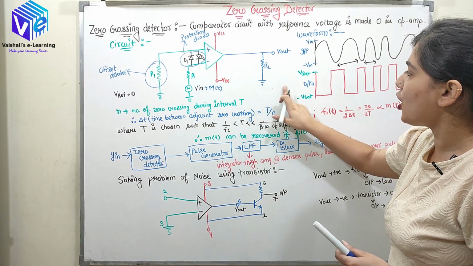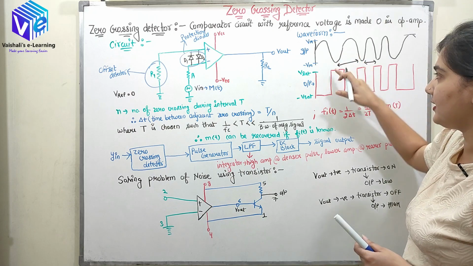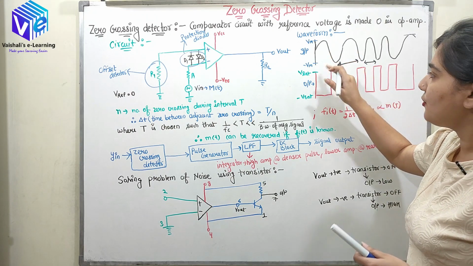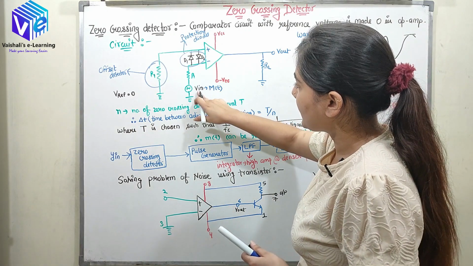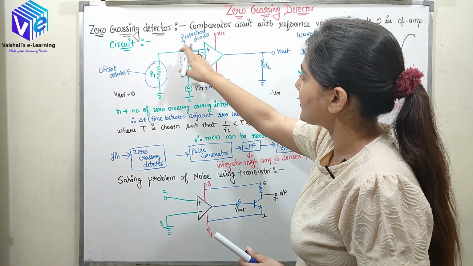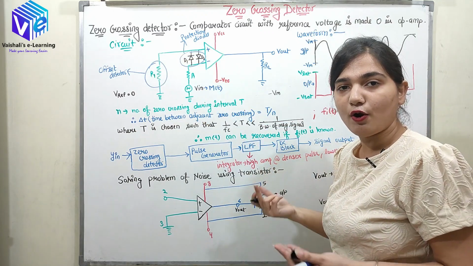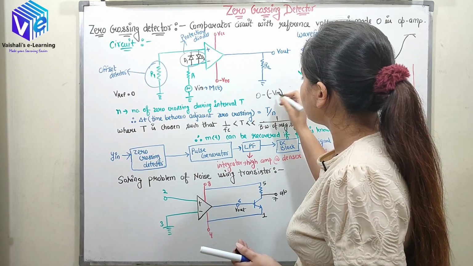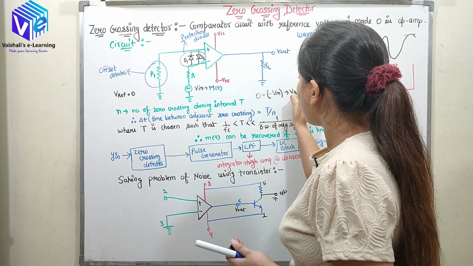Now if I talk about this portion, the voltage at this terminal is negative Vm and the voltage at the positive terminal is already grounded. So I'll take 0 minus of Vm, which will be positive Vm.